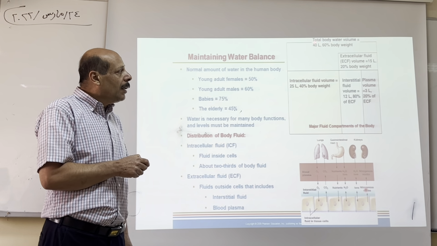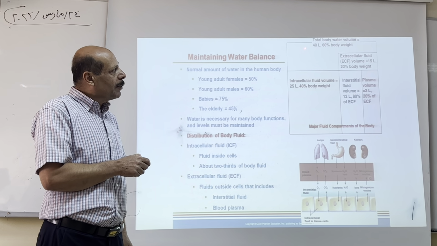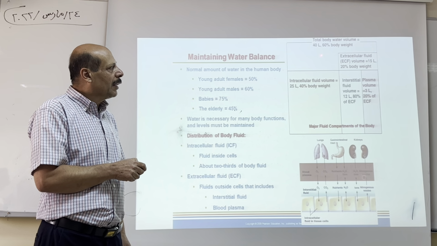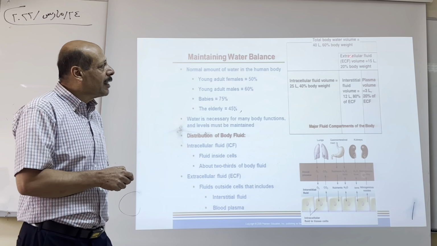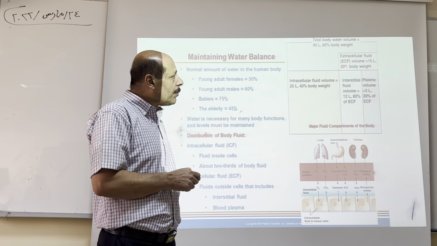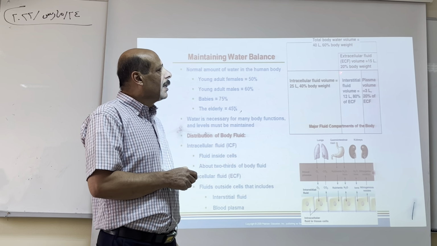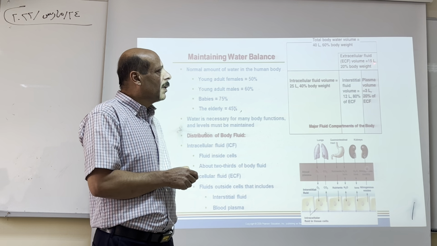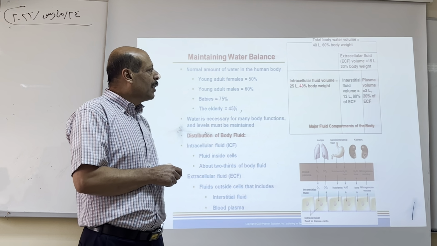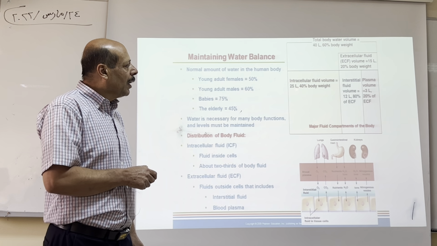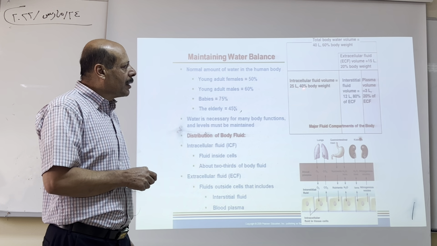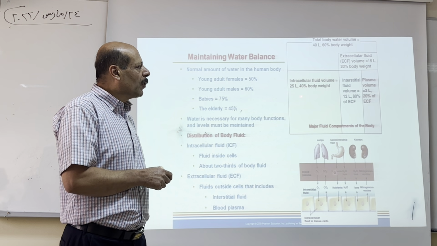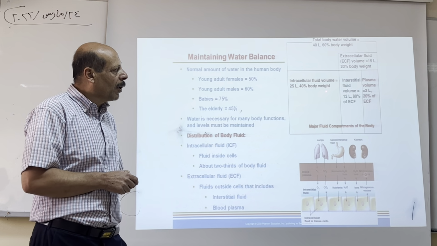So in an adult it might be around 40 liters of fluid in our body. The extracellular fluid is 20% of our body weight, which is around 15 liters. The intracellular fluid is around 25 liters, which is around 40% of our body weight.